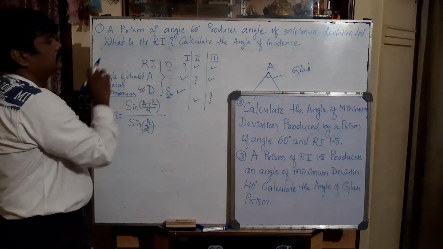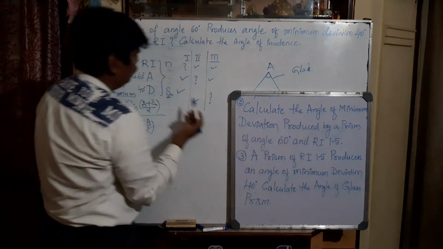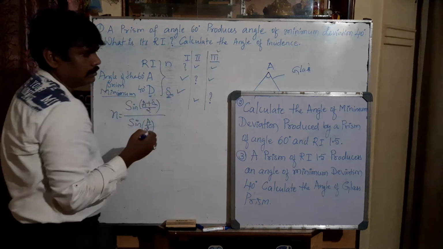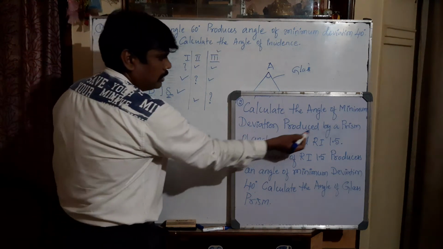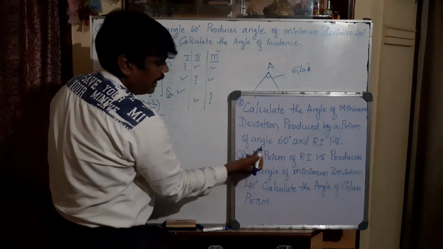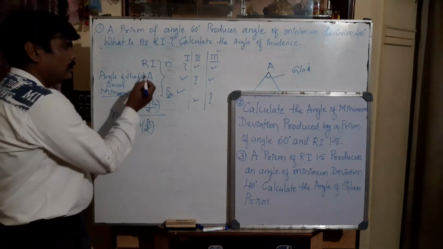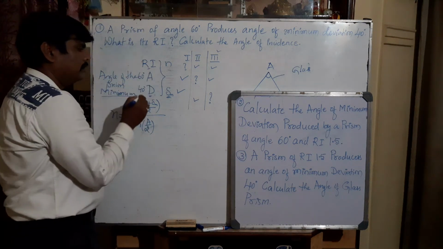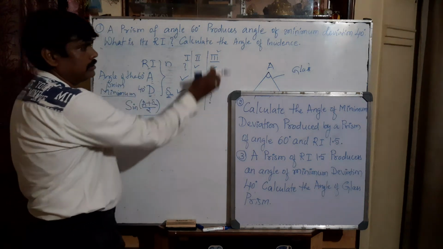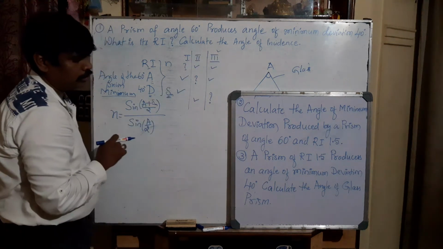In the second problem, calculate the angle of minimum deviation produced by a prism of angle 60 degrees and refractive index 1.5. So the refractive index is given, the angle of the prism is given, and you have to calculate the angle of minimum deviation. This is the third method.